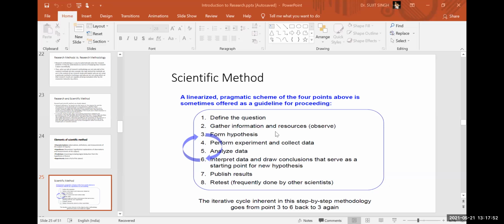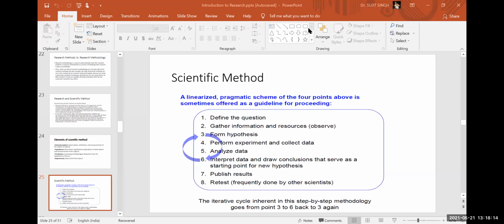Then you are going to gather information and resources. That means you are going to observe the particular phenomena. You are going to perform the experiment or whatever that may be. And gathering information means collecting the data. It requires a lot of data, information, right?